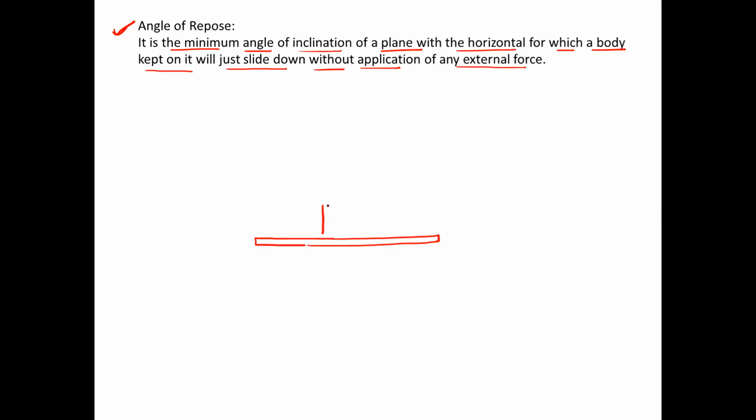So suppose we have one object having some mass m, kept on the horizontal surface. So the initial angle theta is equal to 0 for this surface.